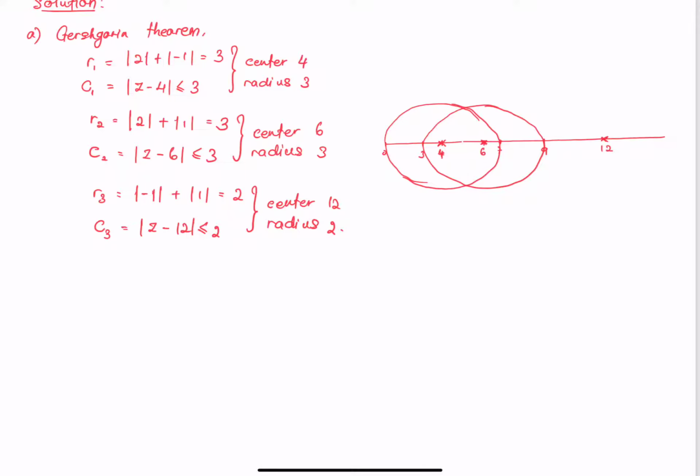And the radius is 2. So now let's say this is 10, while here is 14. And then we can have a circle.